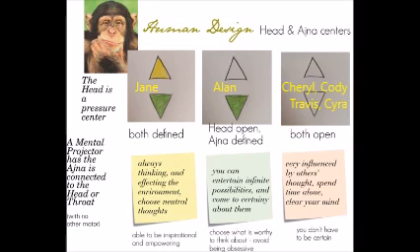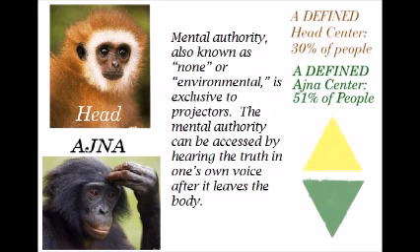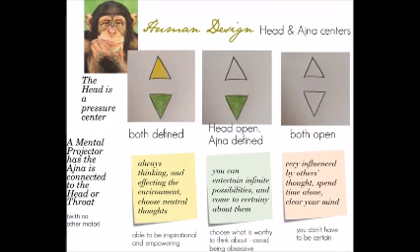If your head is defined, then you by default will also have a defined ajna through the connection between the two centers. If your head is open, you can have either a defined ajna which is connected to your throat or an open ajna as well. When they're both defined, you're always thinking and affecting the environment, and you may want to practice choosing neutral thoughts.